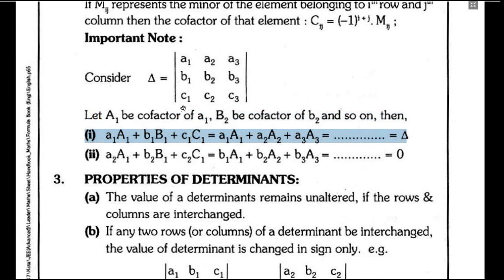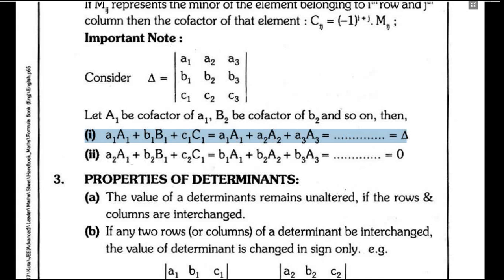And a2 A1 plus b2 B1 plus c2 C1 means the particular order is not followed. Like here, for the first case a1 A1, b1 B1, c1 C1, this series was followed, and then a1 A1, a2 A2, a3 A3, and finally the answer was the determinant, the value of the determinant. For the second case we have a2 A1 plus b2 B1 plus c2 C1.